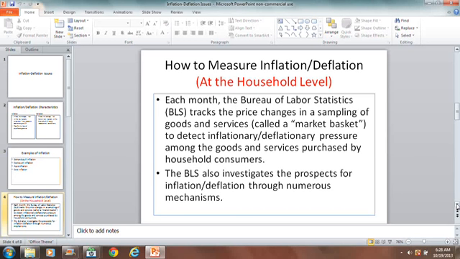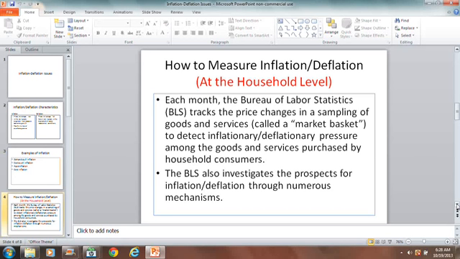They sometimes refer to this sampling as a market basket, a basket of goods that a typical consumer would purchase. Based on the price movements of those products in the market basket, they get a good idea of the extent of inflation in the economy. Again, I'm focusing strictly on the inflation that would be detectable at the household level.